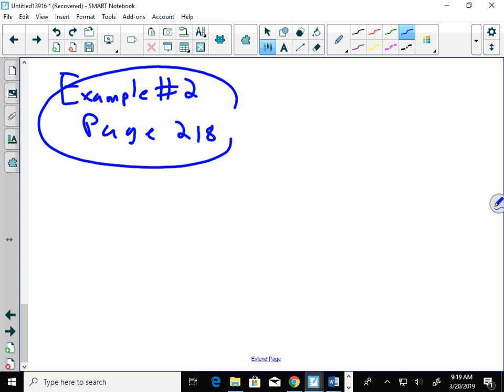So on page 222. Hey, look at that. 222. Do 3 to 5.